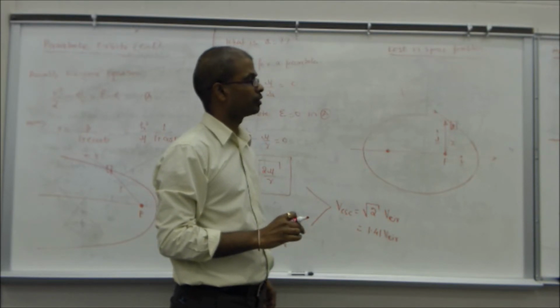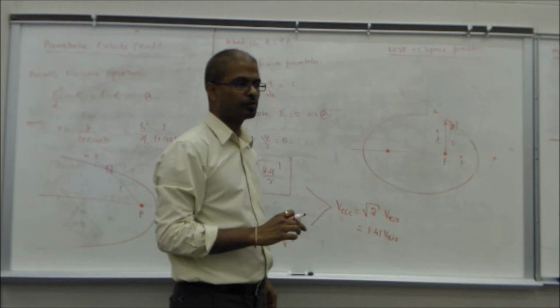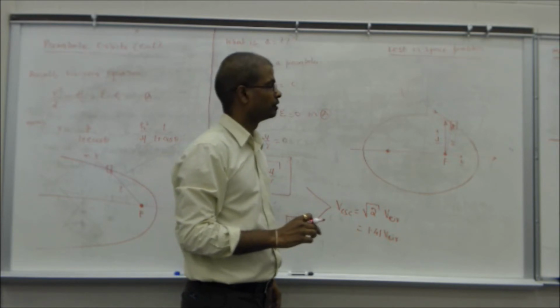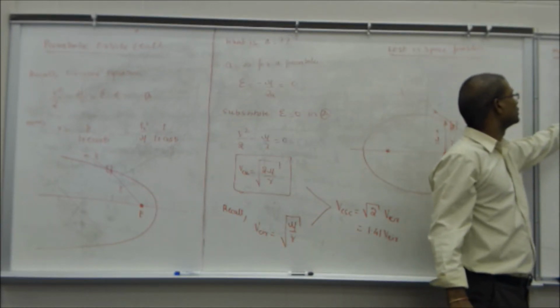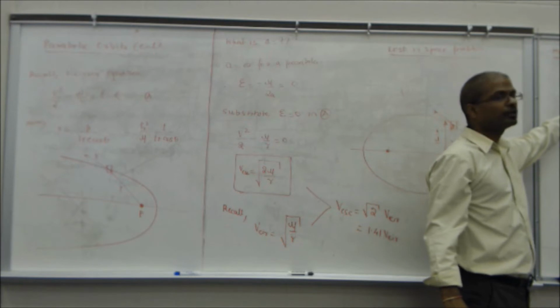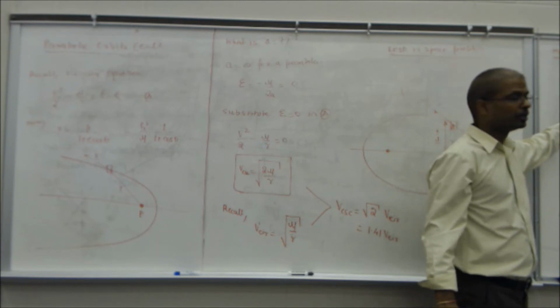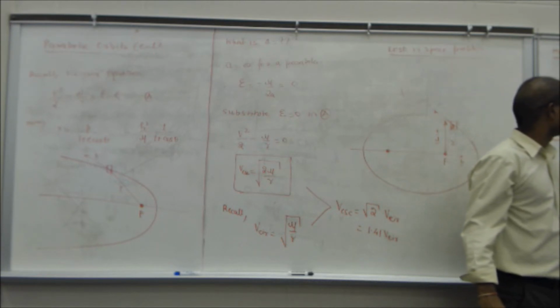What are asymptotes? You know what asymptotes are? Lines that get very close to the curve. This orbit will never actually touch this. This is the center of the conic section.